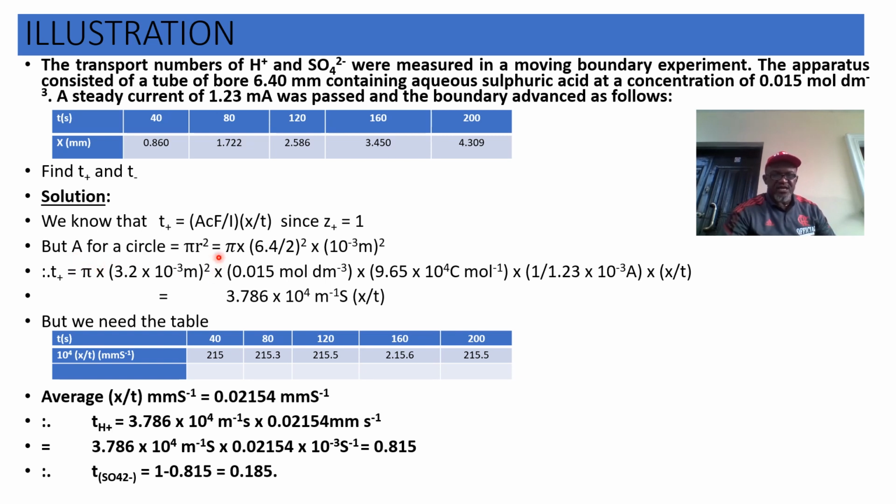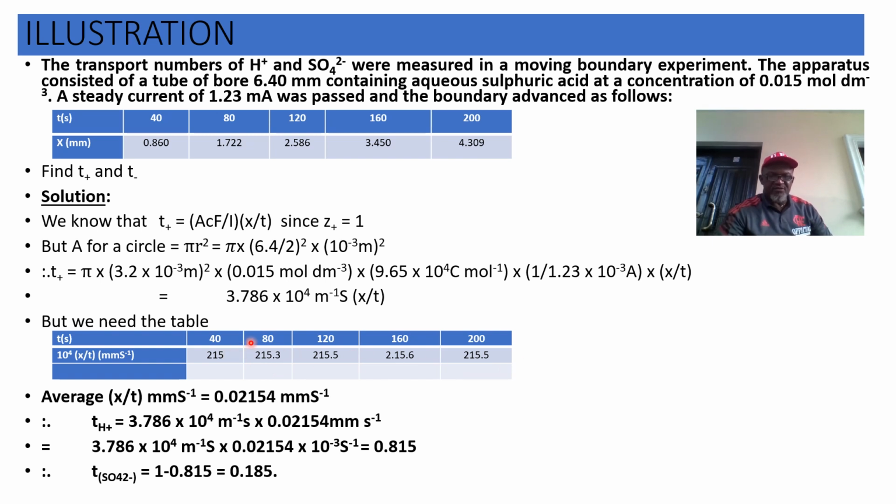Now A for the circle is pi r squared. So we have our r, we calculate. This is the diameter divided by 2 gives us r, so we square and convert to meter squared. So we now substitute in this equation here. We are going to calculate x over t. So calculate this table, x over t, and that's what we have here.